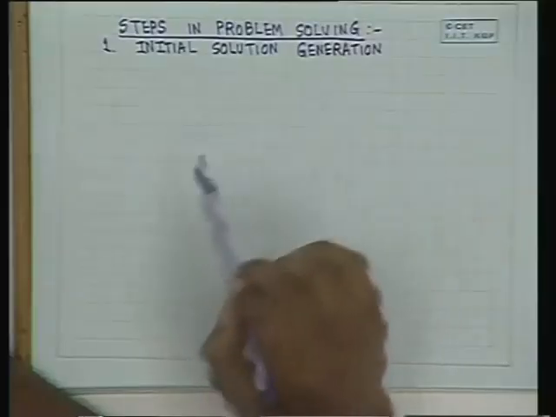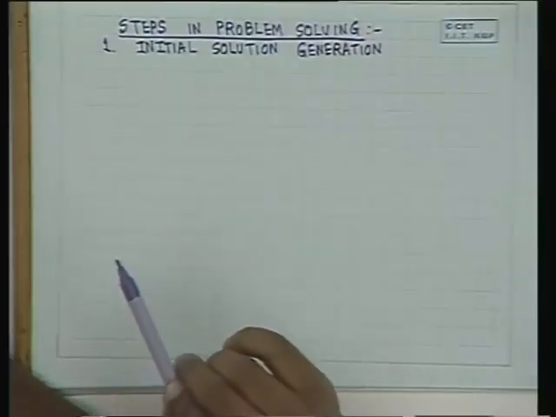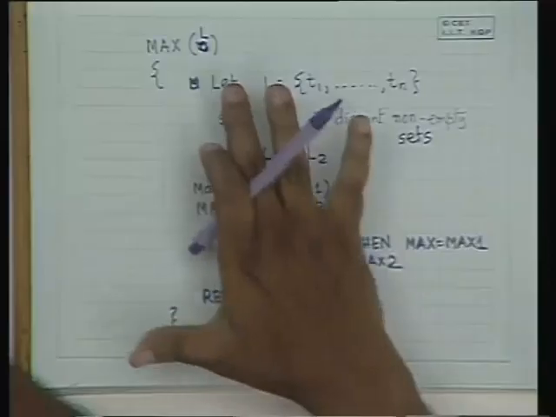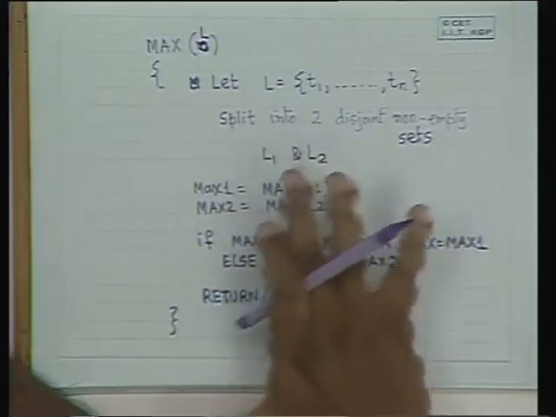Decomposition inherently gives you a sequence of steps, but it gives you a very broad outline in that sequence of steps. Therefore, the first thing is initial solution generation. For example, we could call such a solution as an initial solution that we have generated.